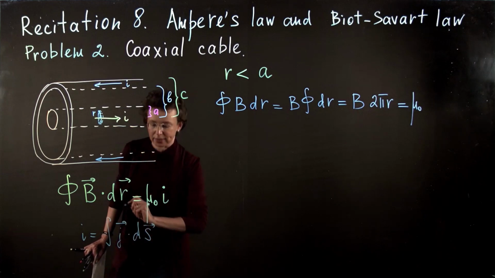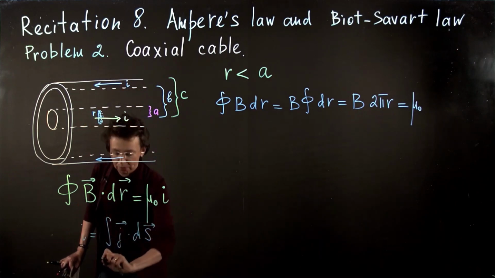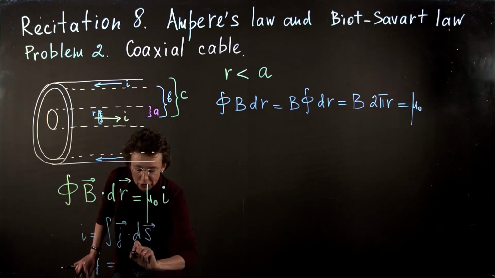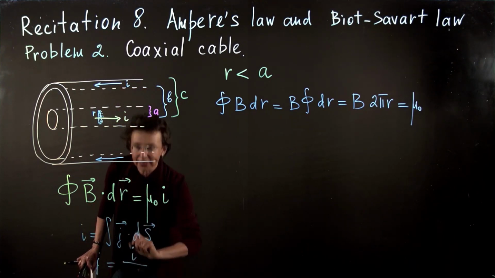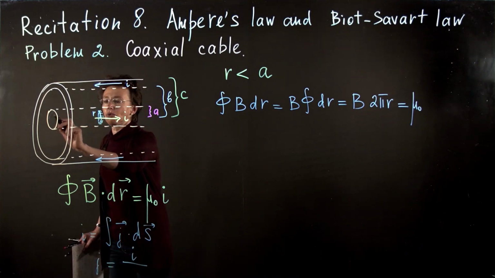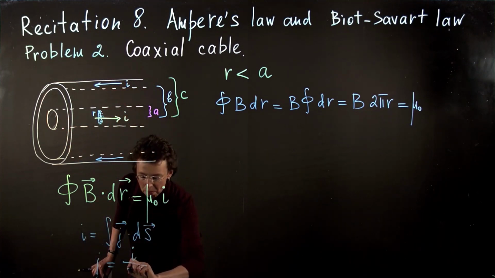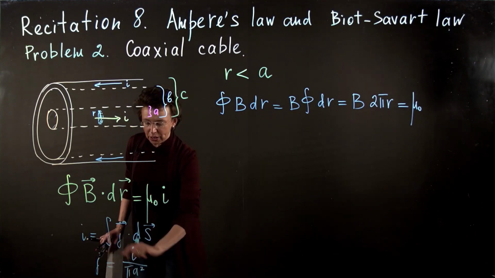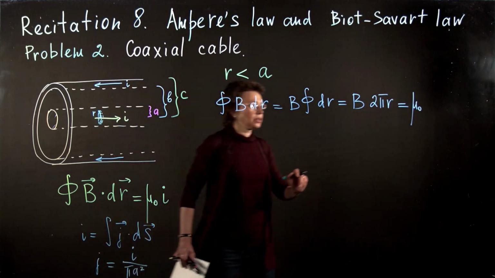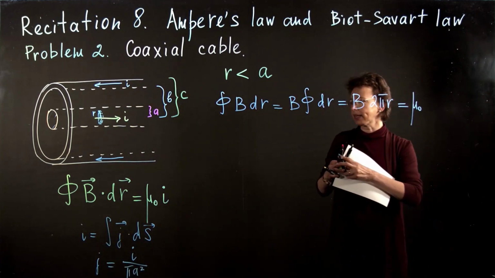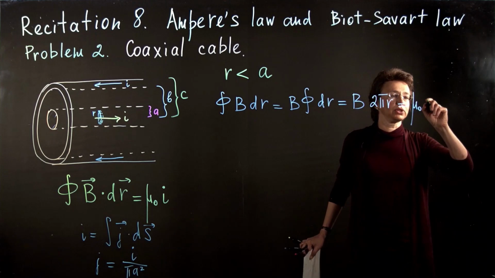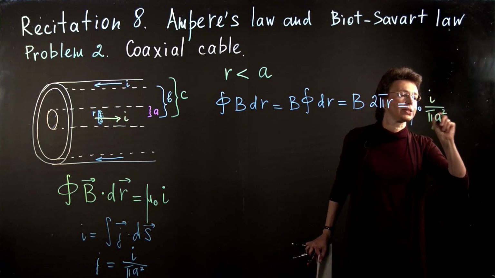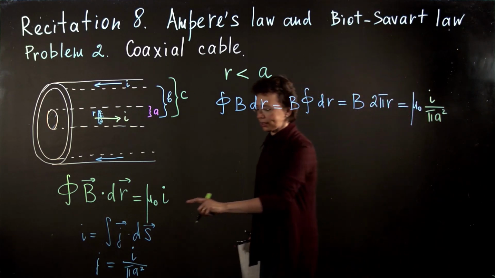So the current density J, the magnitude of current density, will be the current I divided by the cross-sectional area of this wire, which is pi a squared. This is current per unit area, I over pi a squared. This is J, the current density.